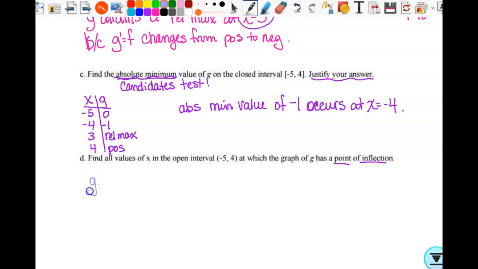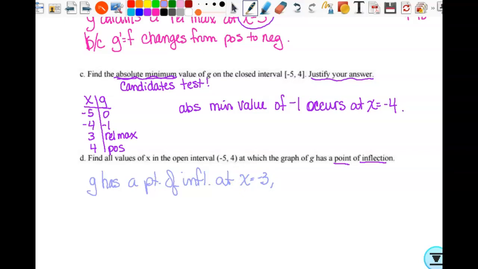We can say g has a point of inflection at, all right, so where's the first time we change from increasing to decreasing? -3. At x equals -3. When's the next time?